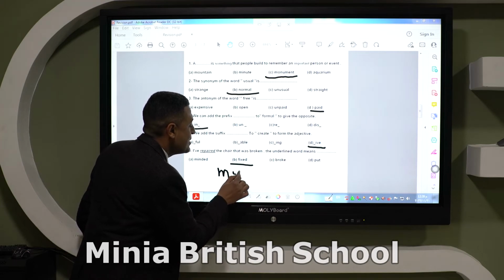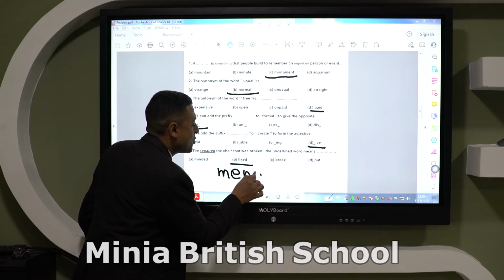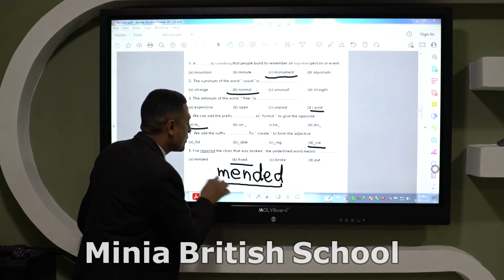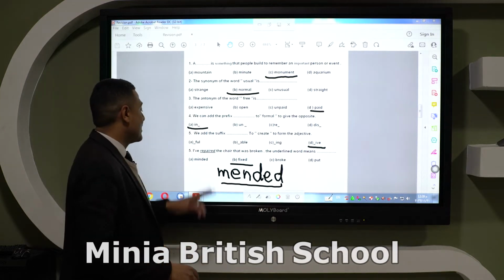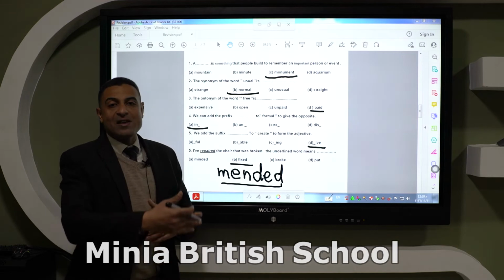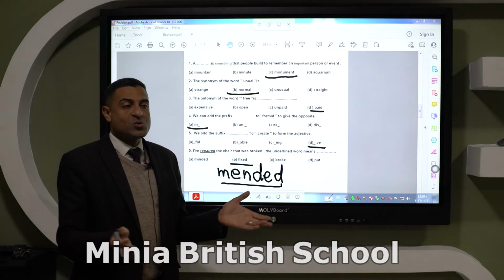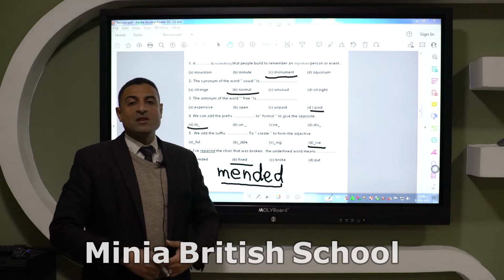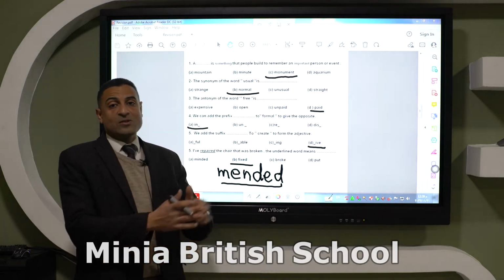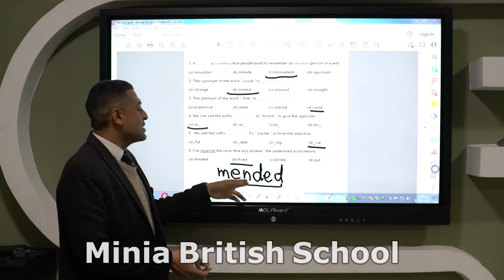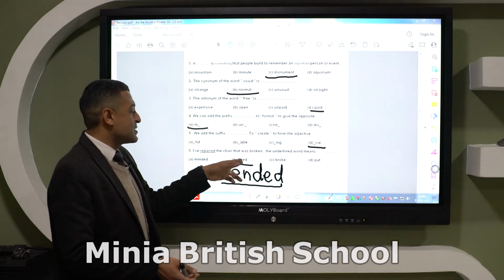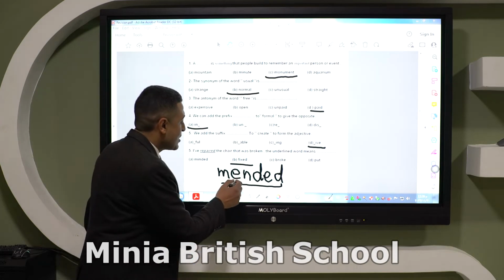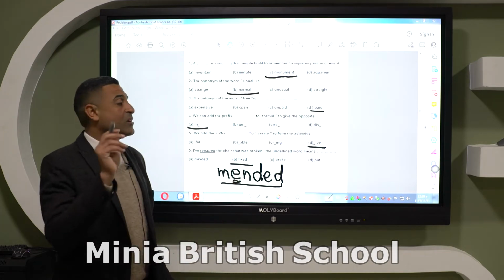This one is written with an E. So there is a difference between these two words, so be careful of the spelling. To mind something, when you tell someone, okay, I don't mind, it means that I don't have any objection to do something. But here this one is mend. It gives the same meaning as fix and repair, using the letter E. Just be careful of the spelling.